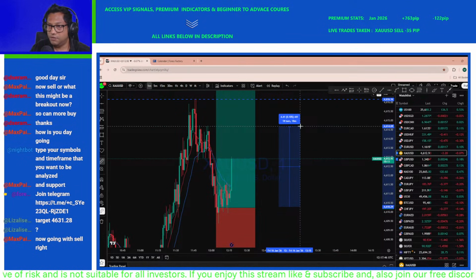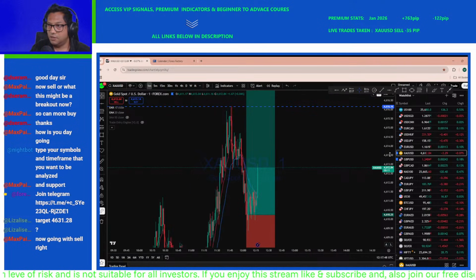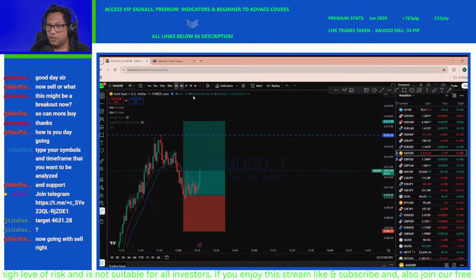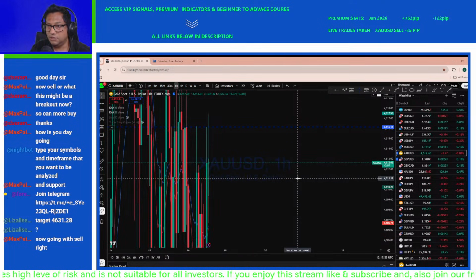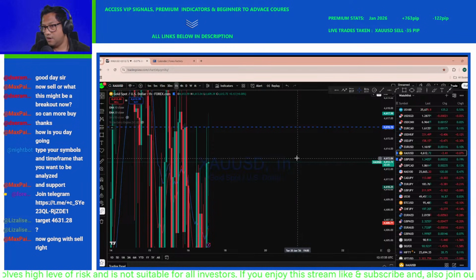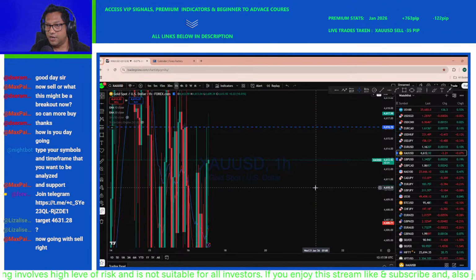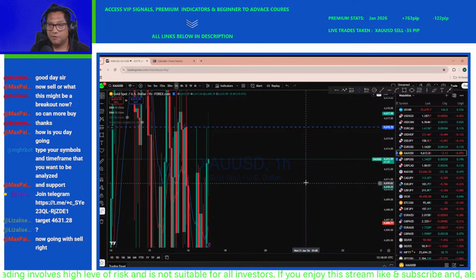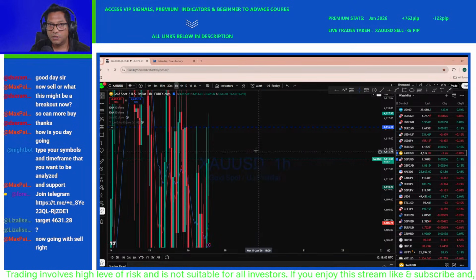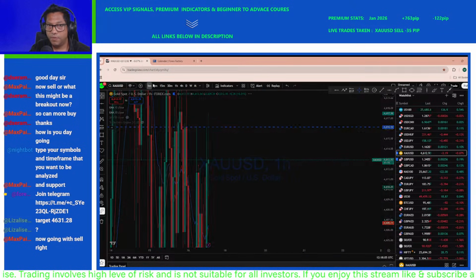Okay, it's 28 past midnight. If you look at the 1 hour, it has reached that 1 hour high. Now we're looking to see that it's going to fill that long wick at the top.